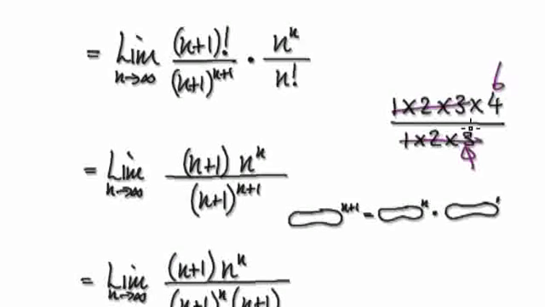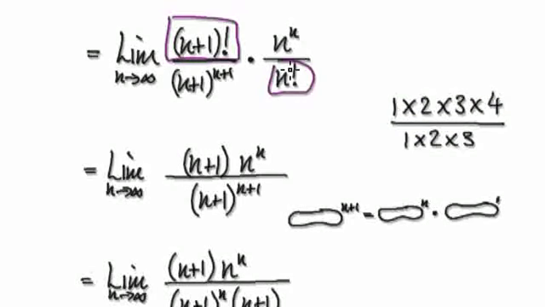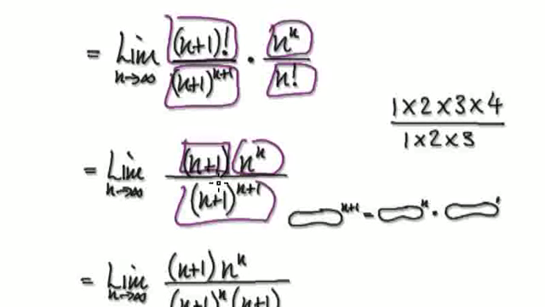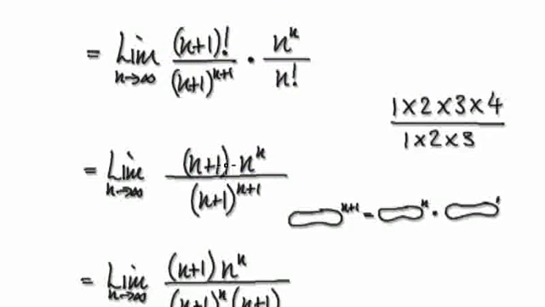So they cancel out, leaving you with n plus 1. So this will simplify with this to become this, and the rest stays the same.